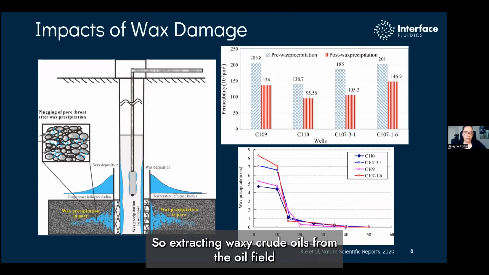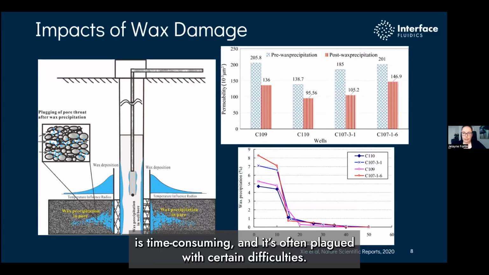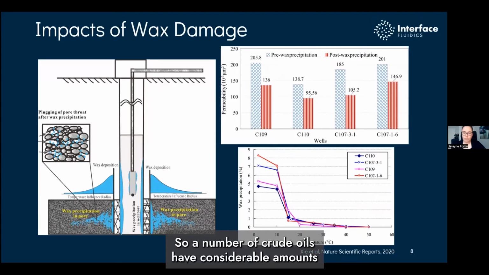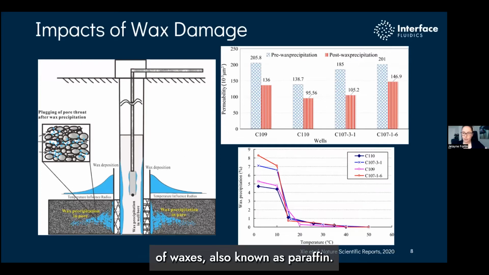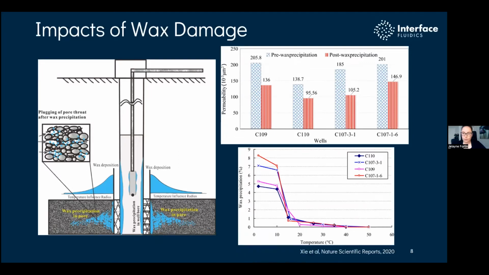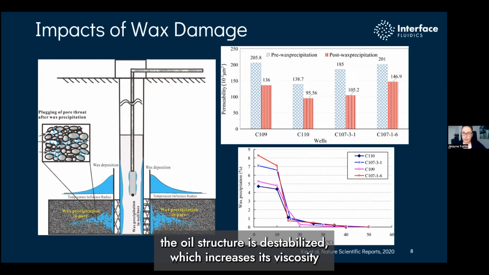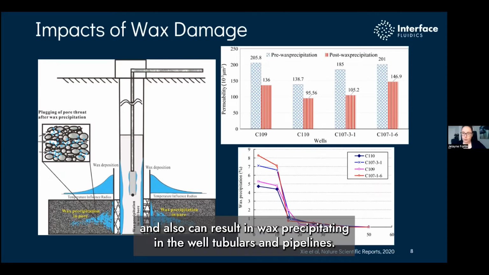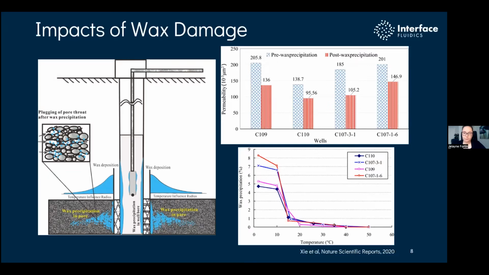Extracting waxy crude oils from the oil field is time-consuming and often plagued with certain difficulties. A number of crude oils have a considerable amount of waxes, also known as paraffins. When temperature and pressure are reduced during oil flow, the oil structure is destabilized, which increases its viscosity and can also result in wax precipitating in the well tubulars and pipelines.